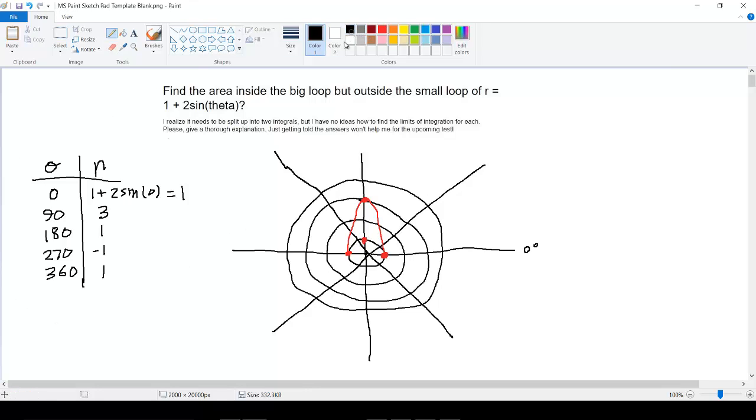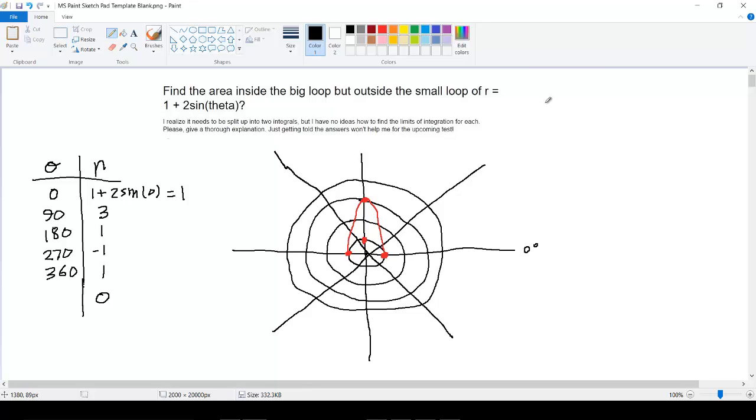One thing, and this is just sort of a general suggestion, it's often useful to determine when r is equal to 0. When does r equal 0? And we can actually solve that from our equation.